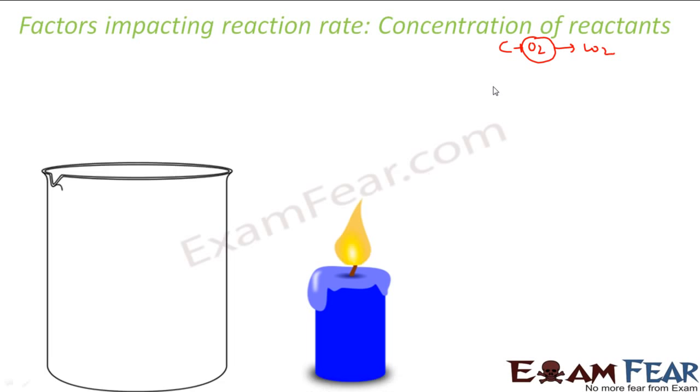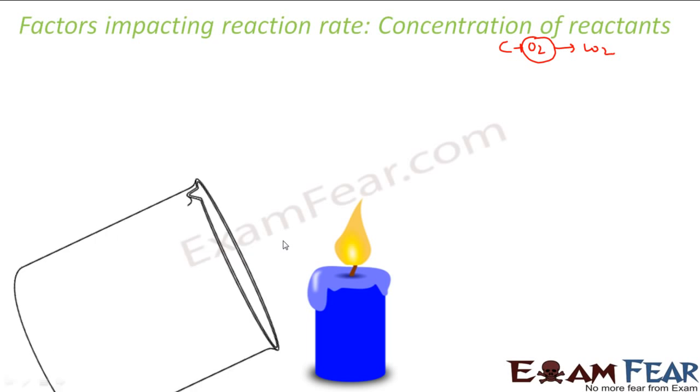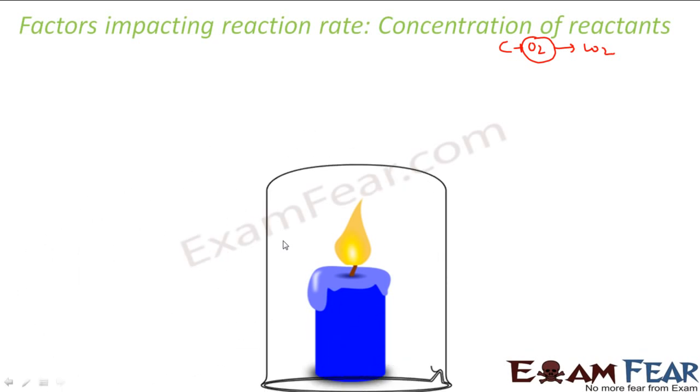Let me repeat this. This is the candle, getting sufficient air from the surroundings. It is working fine. You cover it with this beaker and the oxygen will get consumed. After some time the candle light will diminish and then go off. That means the rate of reaction depends on the concentration of oxygen.